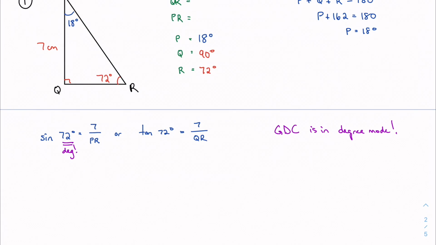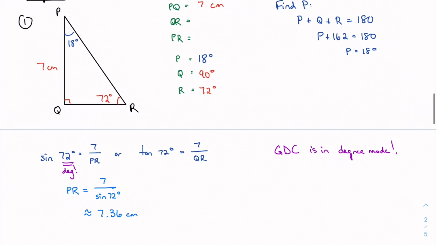Based on my relation here, PR is 7 over sine 72, which is going to be approximately, make sure I'm in degree mode too. Yep, we're good. So approximately 7.36, and then our label, of course, is centimeters. So we get PR equals 7.36 centimeters.